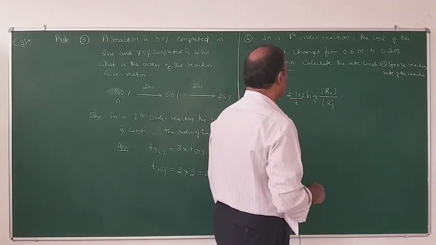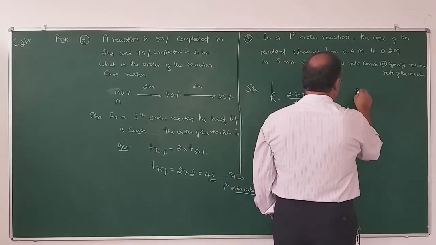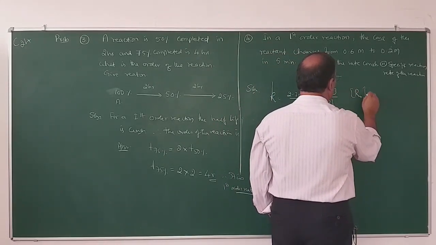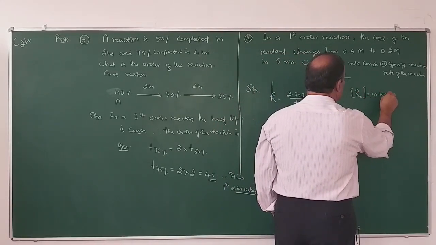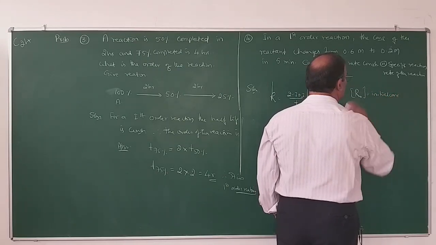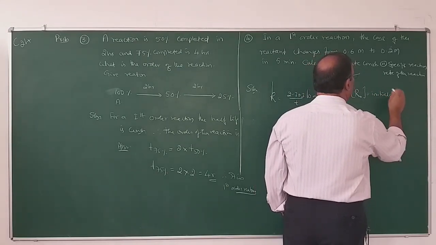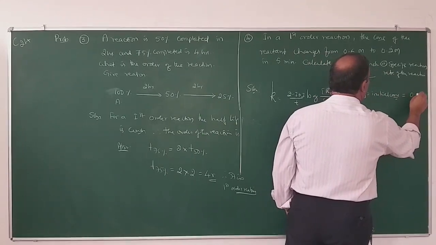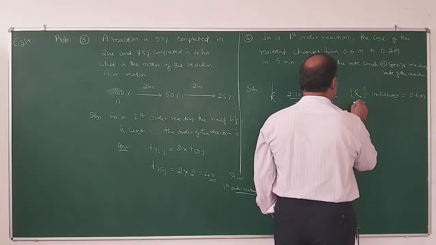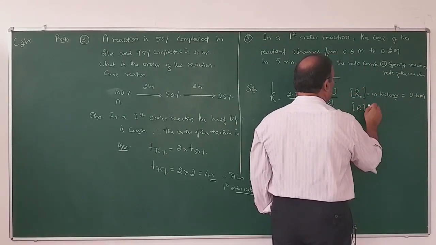What is [R0]? [R0] equals the initial concentration. What is the initial concentration? 0.6 moles.